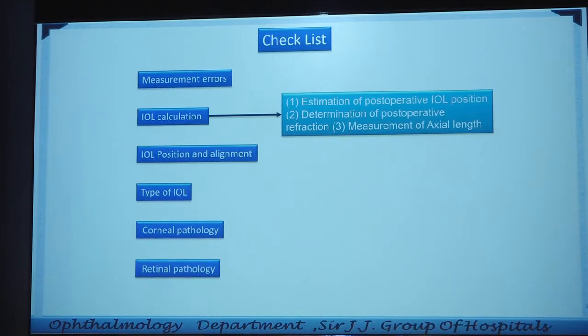Now see the estimation of the post-operative IOL position, determination of the post-operative refraction, and measurement of axial length. Nobody who is doing SICS takes care of astigmatism. But if you are doing phaco, then you say, my factor, this factor, that factor. But why should there be a factor only in phaco?